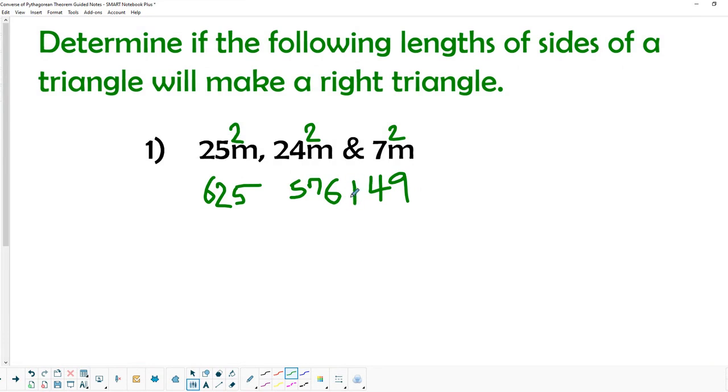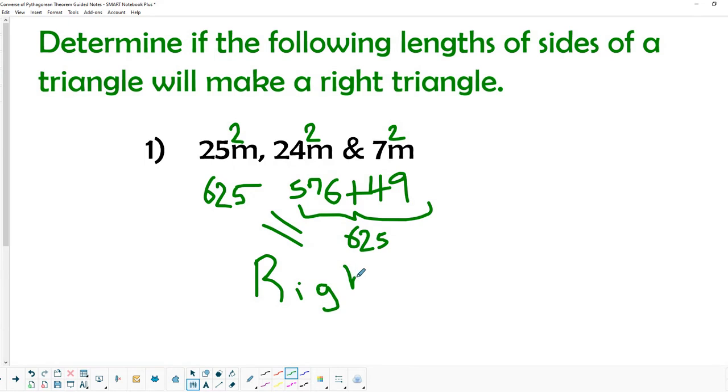So now I'm going to add 576 and 49 together. When I add these two together, I get 625. So the two shorter sides squared and added together do in fact equal the longest side squared. That would mean that this is a right triangle. So it is right, okay?